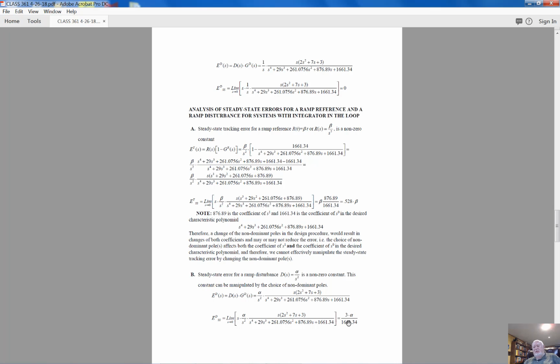If you're not happy with this value, feel free to increase magnitudes, or absolute values, of the non-dominant poles, and you should be able to drive the steady state error for ramp disturbance to virtually any value you want.